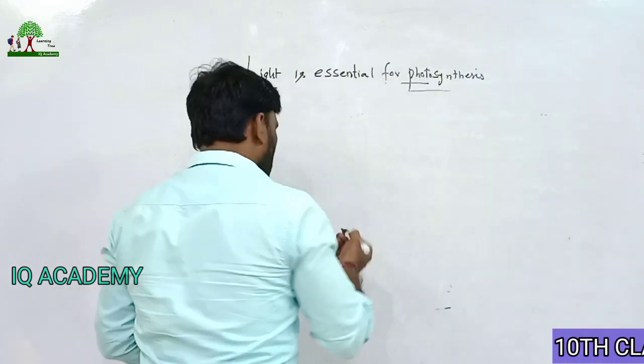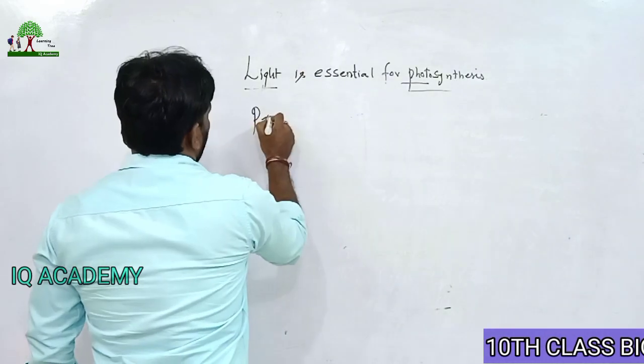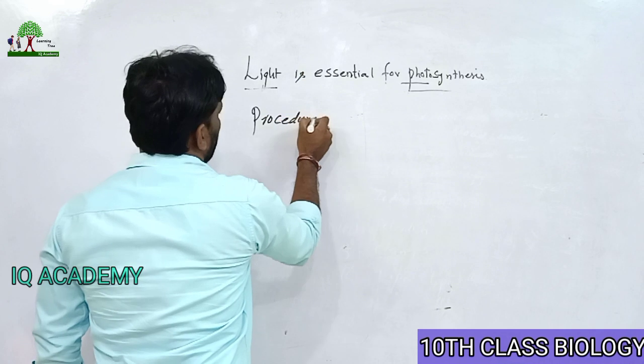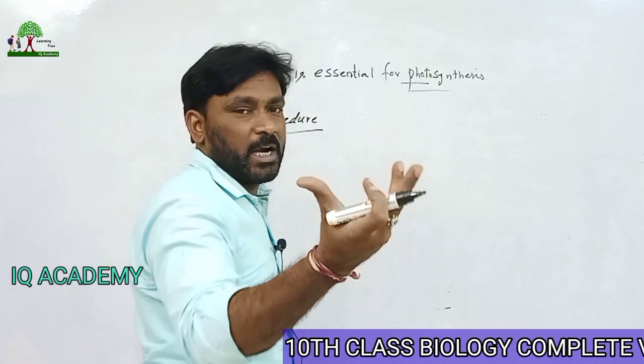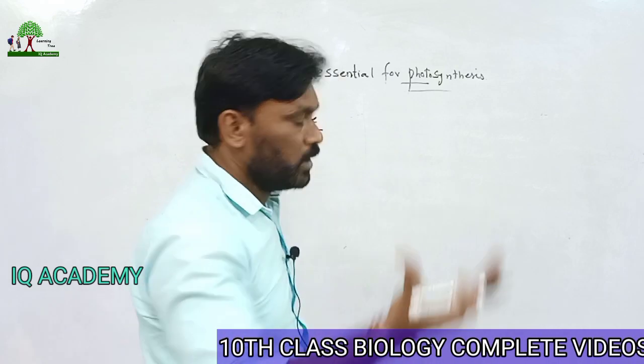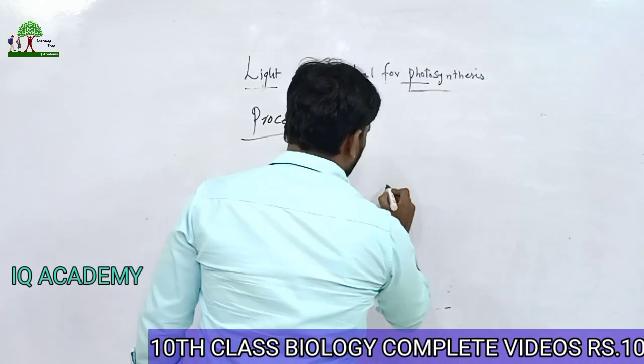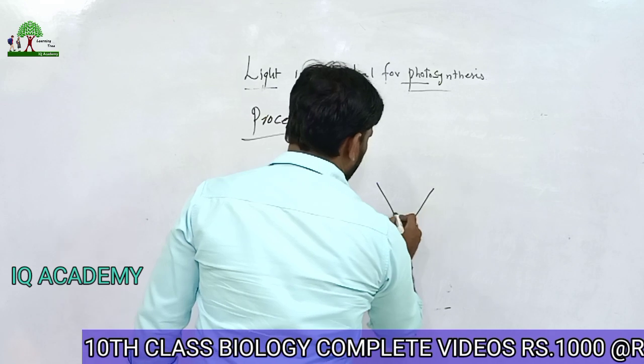Then the procedure we have to follow. First, we already kept a potted plant in a dark room for 24 hours. Now we have taken this potted plant outside.